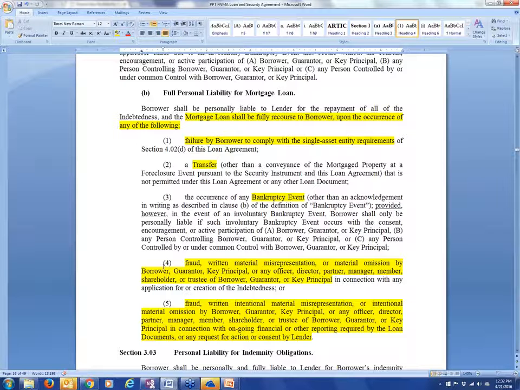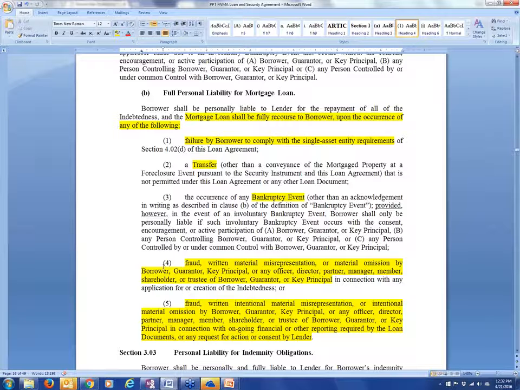It was a DUS lender, delegated underwriter and servicer, and we did everything we were supposed to do, and we didn't get in any trouble. Thank you very much. Didn't work out. You go your way, we go our way, and they didn't come after us personally because we didn't violate the terms.